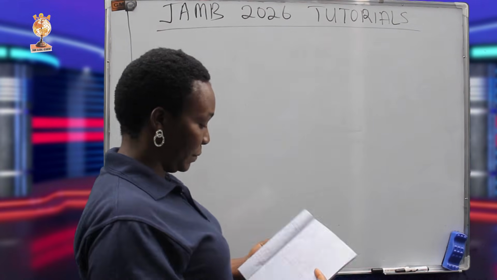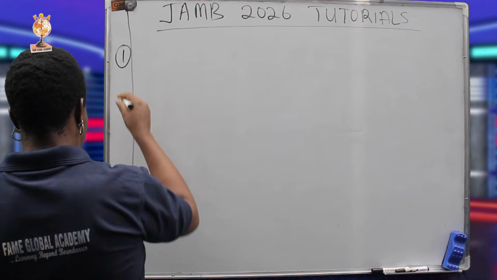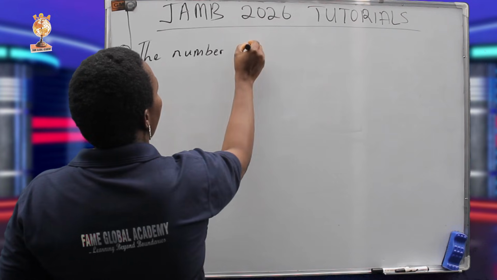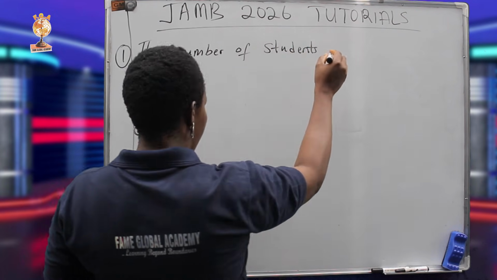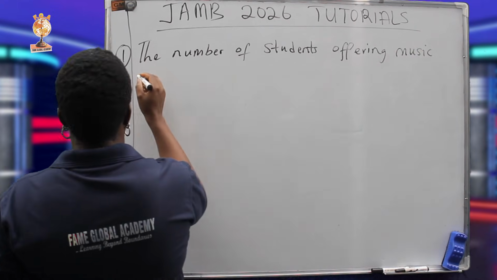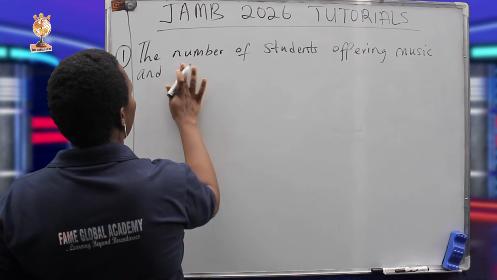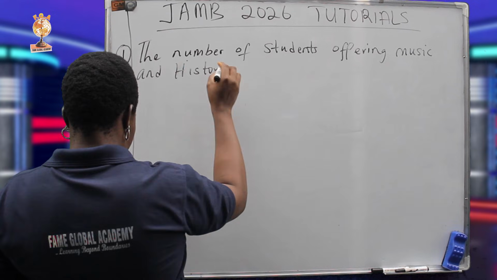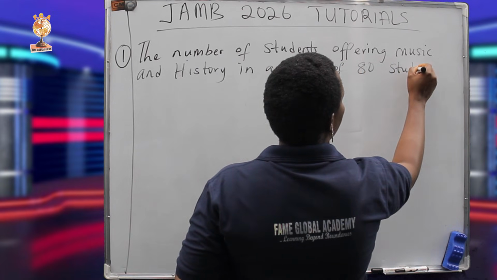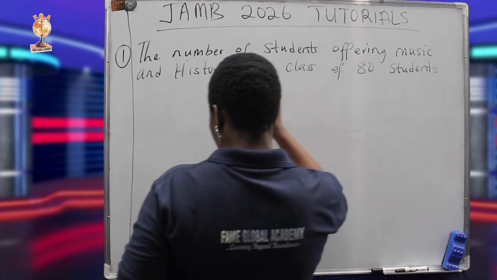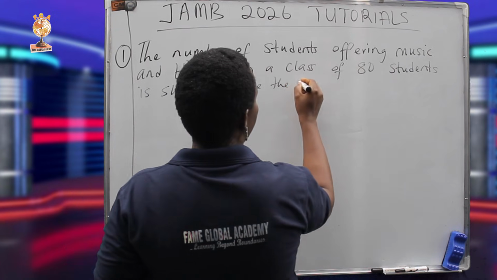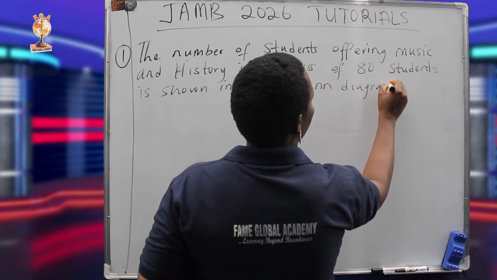So we have question number 1. The question says, the number of students offering music and history in a class of 80 students is shown in the Venn diagram below.